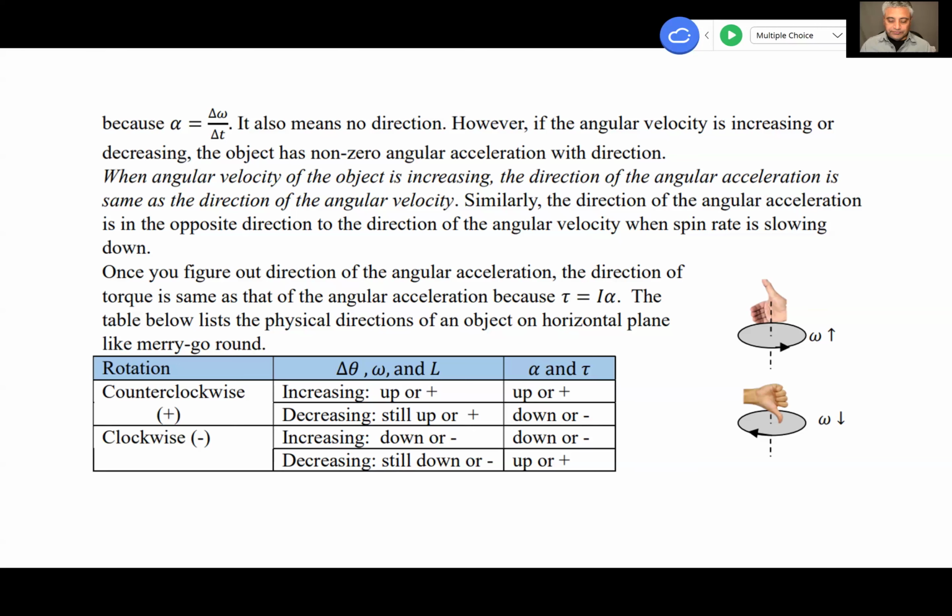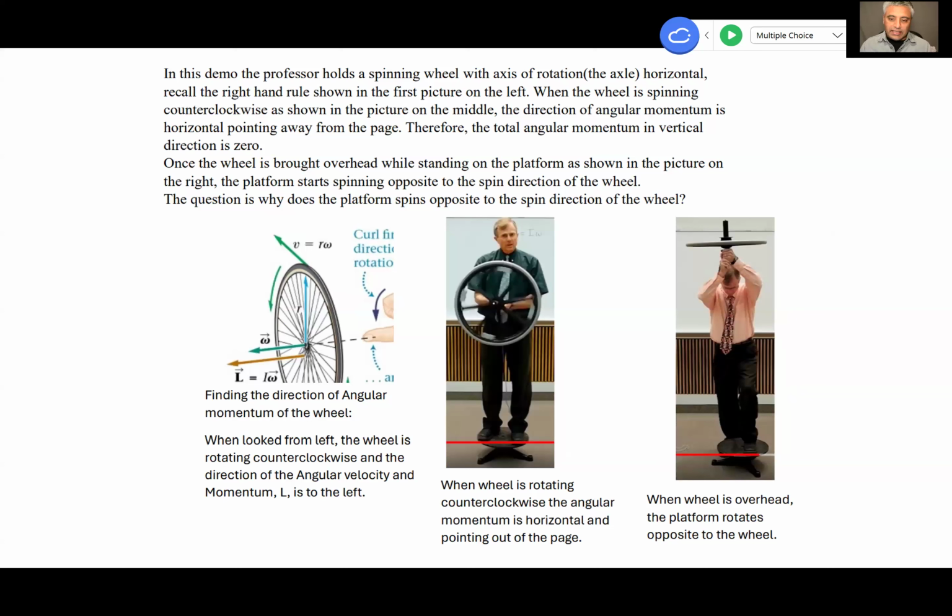Same idea. Here we are assuming up as positive. And then there is this final slide, again from the notes, okay? So generally, that's how we figure out the direction of angular momentum, right?